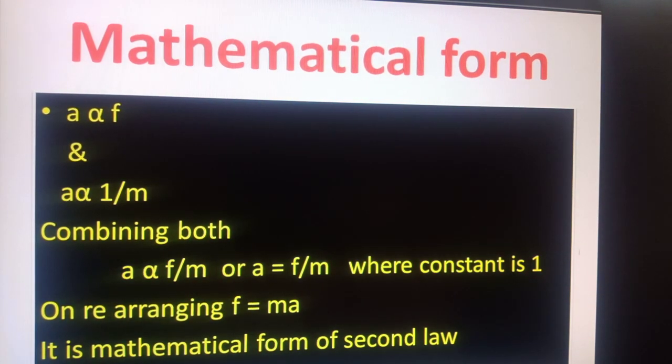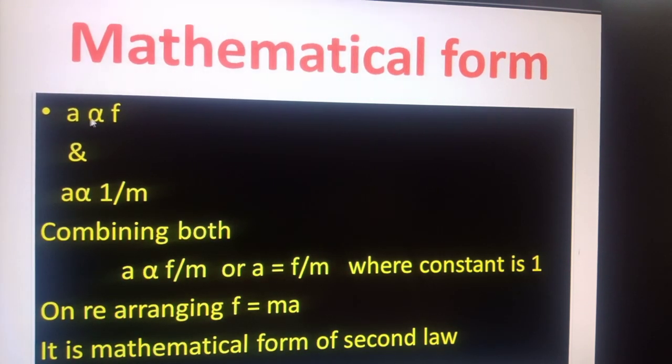Now, mathematically, how do we relate these three quantities: acceleration, applied force, and mass of the body? Students, physics is the mathematical representation of theoretical findings. So, we can mathematically express Newton's second law also. Let us start here.